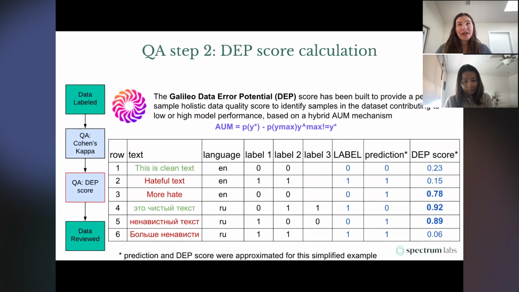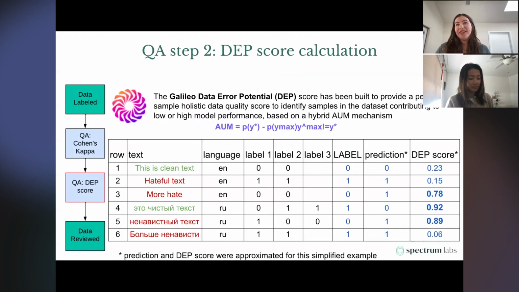So in this case, we have our final label that we had determined from the labelers, and then we've trained one of our models that we would use to detect hate speech, and generated a prediction based on these inputs. And then Galileo calculates this depth score, and a higher depth score indicates a likely mislabeled sample.